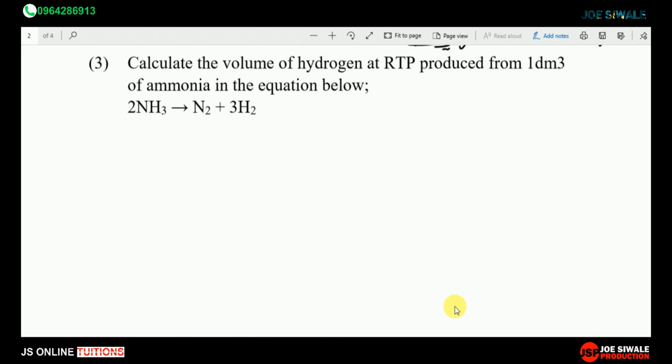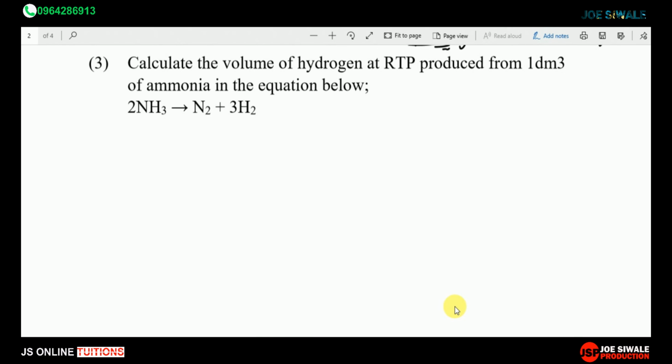Question 3 reads: calculate the volume of hydrogen at room temperature and pressure produced from 1 cubic decimeter of ammonia in the equation below. So the first thing that you need to ensure is that the equation that you've been given is a balanced chemical equation. As you can see, the equation is balanced, but we're going to only consider the compound and the element which is affected.